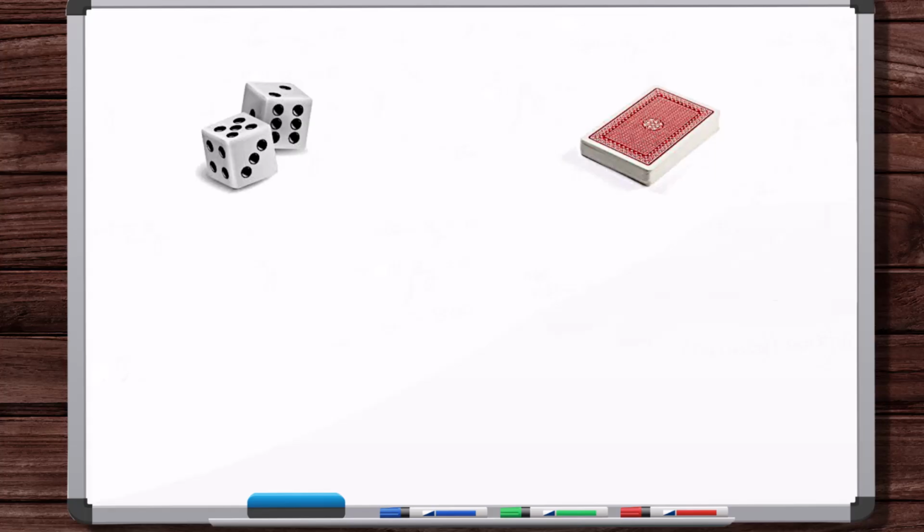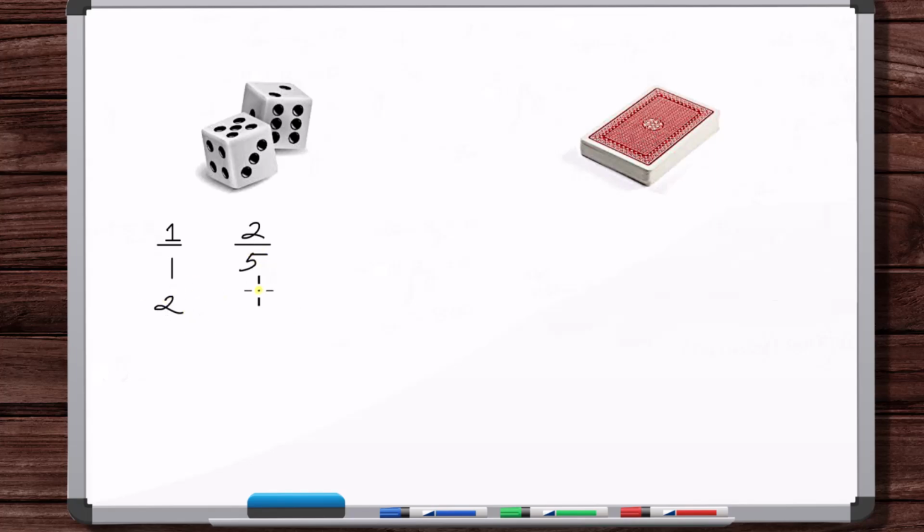And so the question is, what are the total number of ways we can win the $1 million? That's the idea of what is the total number of ways you can roll a 6 with a pair of dice or pull a face card. Okay, so when it comes to rolling a 6, here we have dice 1 and dice 2. We could roll a 1 on dice 1 and a 5 on dice 2.